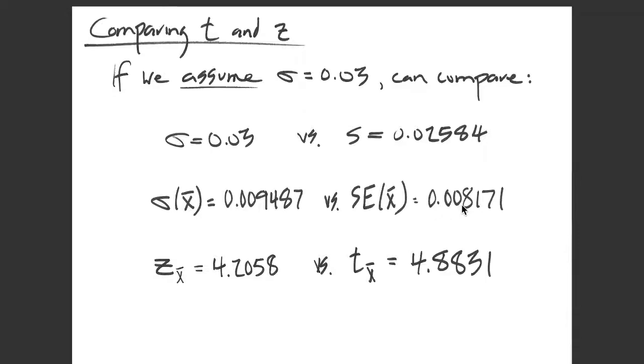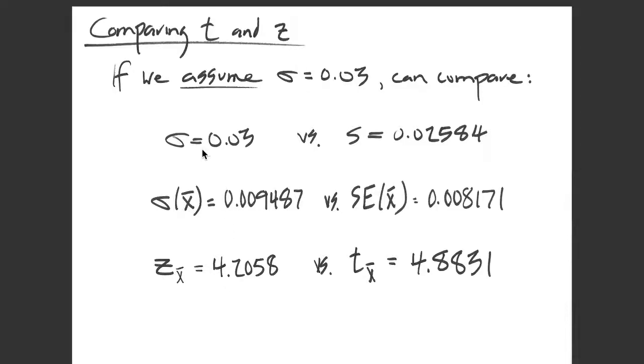0.008171. So not the same, but that's what we expect since the standard error of x bar is an estimate for the standard deviation of x bar. And the z-score for x bar, assuming sigma 0.3, turned out to be 4.2058.